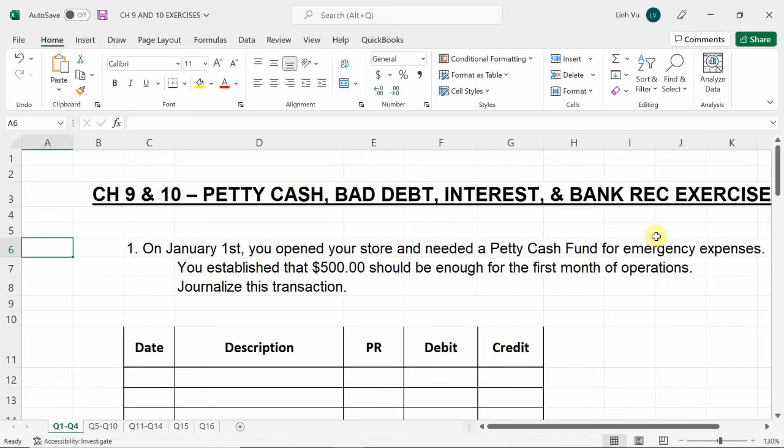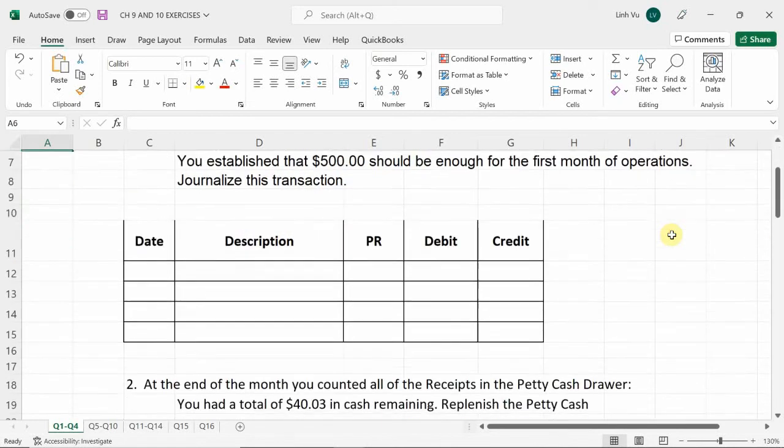Question number 1 says that on January 1st, you opened up your store and needed a petty cash fund for emergency expenses. Of course, you established that $500 should be enough for the first month of operations. Go ahead and journalize this transaction.